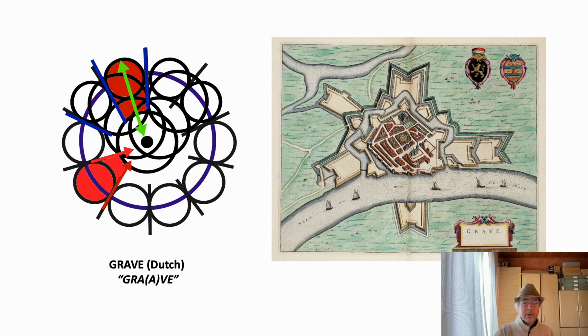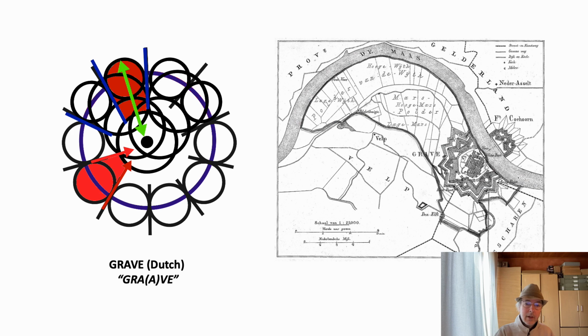The first appearance of grave looked like this. Strangely enough, it fits actually pretty well in the form as it is. And the city, a small town, grew over the years, so it has more or less this form now with the river Maas. It's in northern Brabant in Holland.